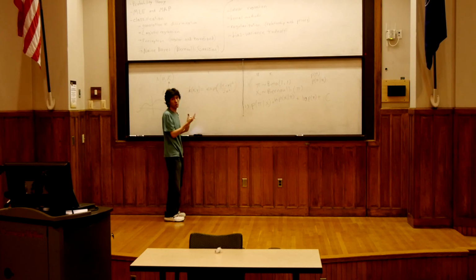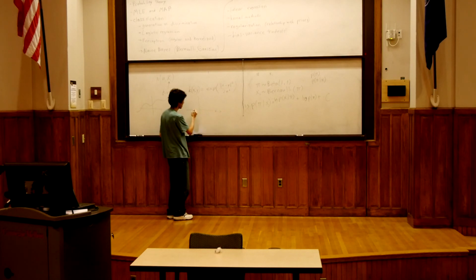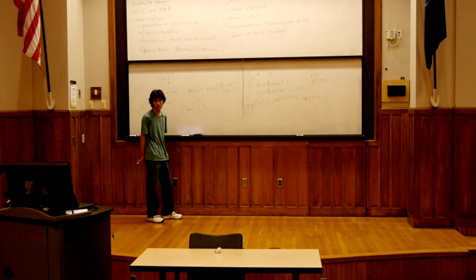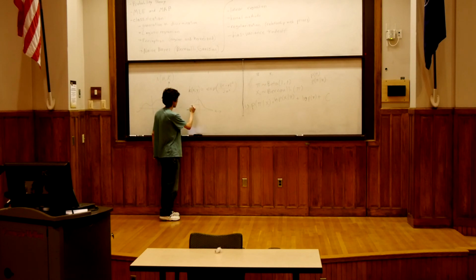Otherwise it looks very much like a Gaussian. Let's make this x minus y. It looks something like this. If sigma is very, very large, then something like that.